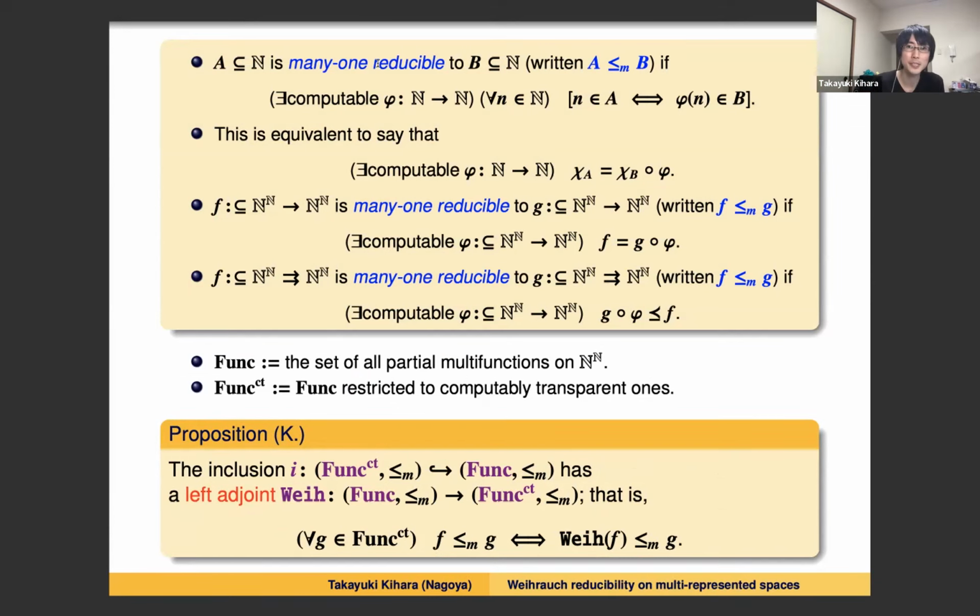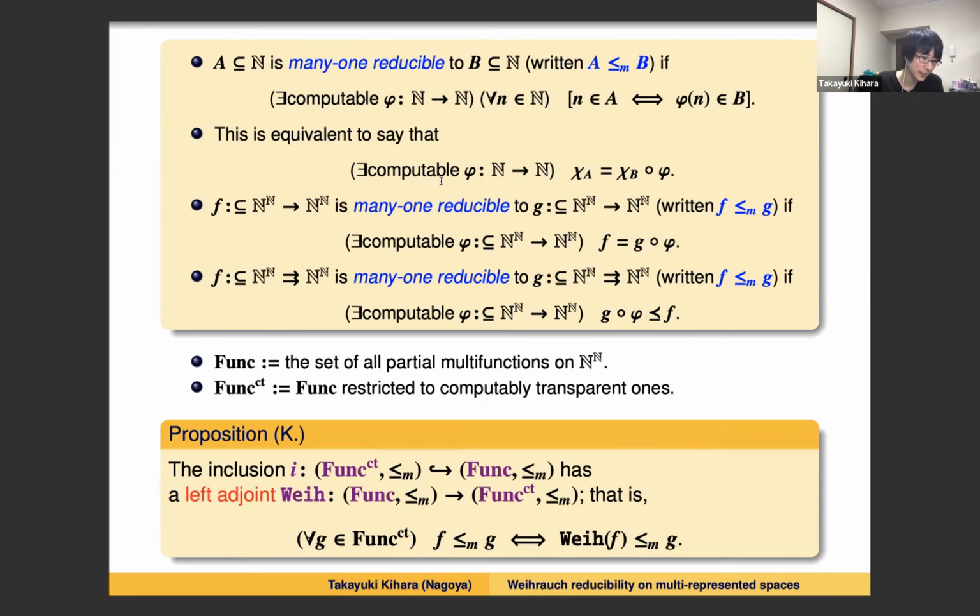But considering a characteristic function instead of a subset, the definition of many-one reducibility can be written like this: there exists a computable function phi on natural numbers such that the characteristic function of A is equal to the composition of the characteristic function of B and phi. So phi is a kind of inner reduction. Many-one reducibility is some kind of reduction which only has an inner reduction.